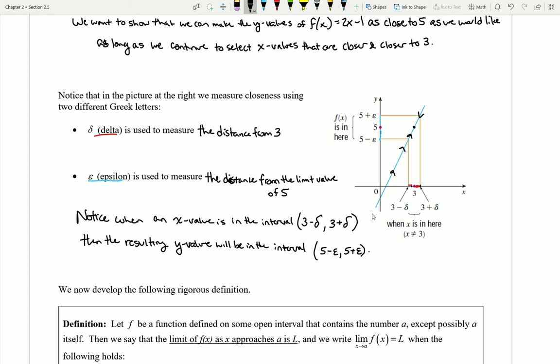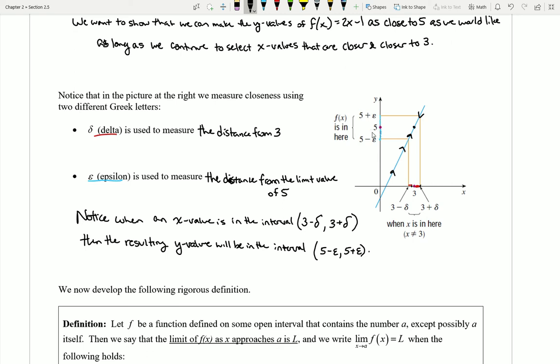So this right here are some of the foundational ideas before we get to the definition. If I pick an x that occurs inside of this delta interval, I get a y value back that will be inside of this blue epsilon interval.